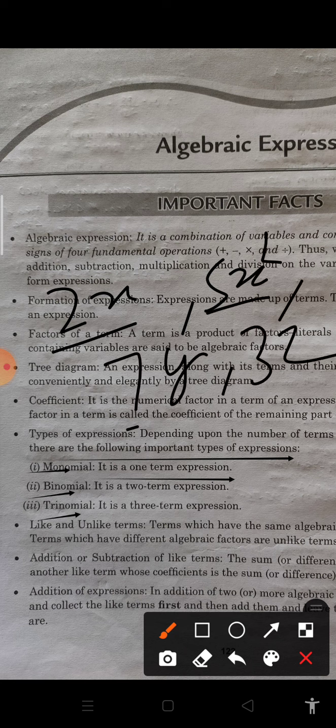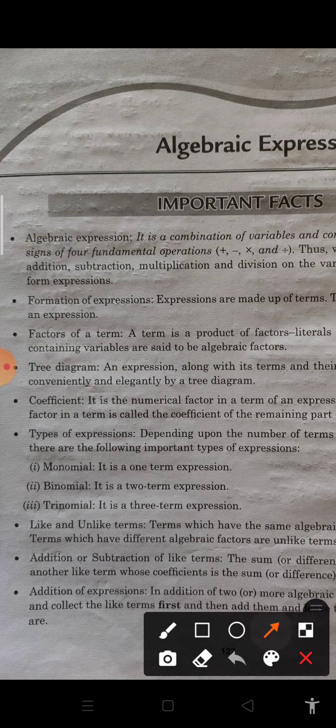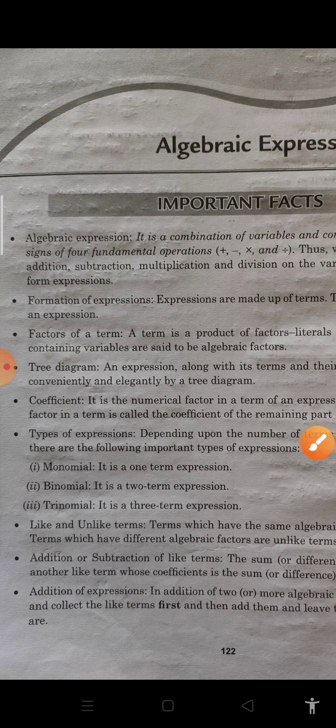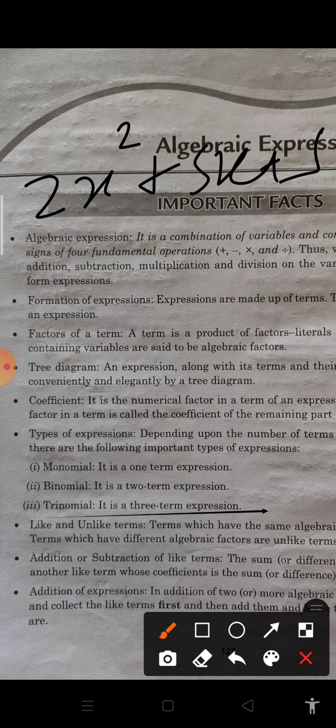These are monomials, only one term. Second is binomial. It is a two-term expression, 2x square plus 5x. It has two terms. Third is trinomial. It is a three-term expression, 2x square plus 5x plus 6. So 1, 2, 3 terms.